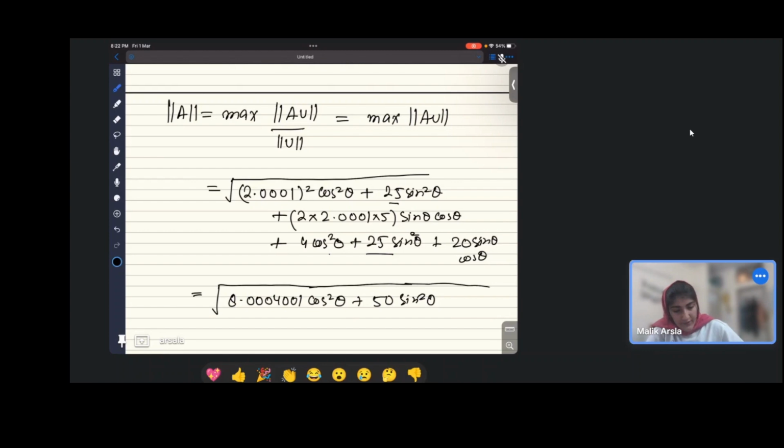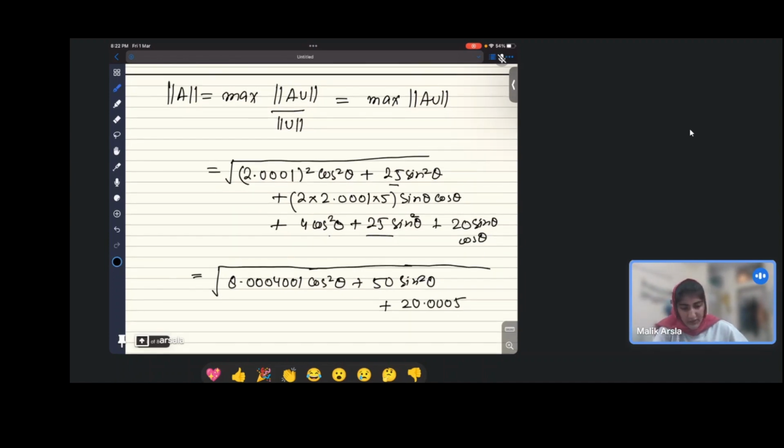Now the third one is 40.001 sine theta cos theta.